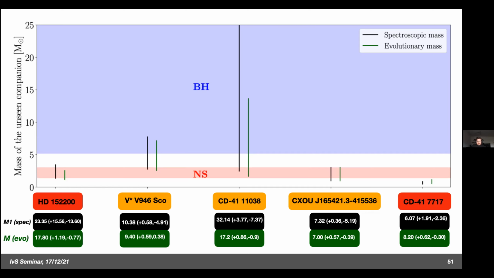And this star in particular was one that had an inconclusive result on its spectral disentangling. But you can see from the range of spectroscopic masses and evolutionary masses, for example, that we do have potential for some quite significant masses of the secondary star.